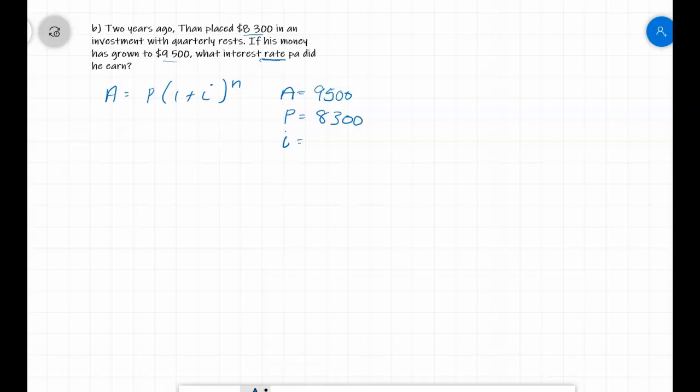I do know that it's equal to the rate divided by 100 divided by the number of rests, and it's happening 4 times a year. Quarterly rests means 4 times a year. So I'm going to leave the I as R over 400. And N is 4 times 2 years, so that's equal to 8.